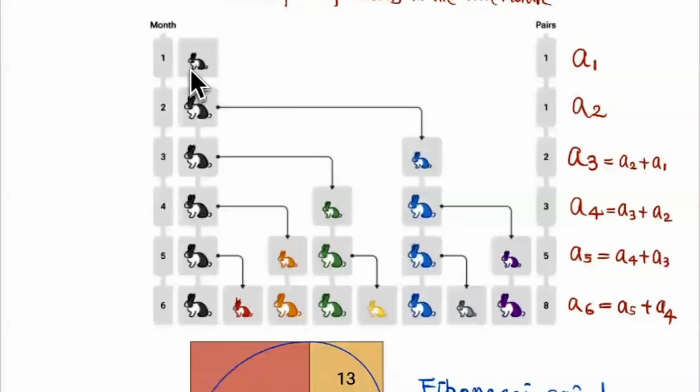Okay. So let A1 be the number of pair of rabbit at the first month, and then A2 will be the number of pair of rabbit at the second month. Then A3, the number of rabbit at this month, is actually the sum of A1 and A2, because this is going to produce a new pair, right?